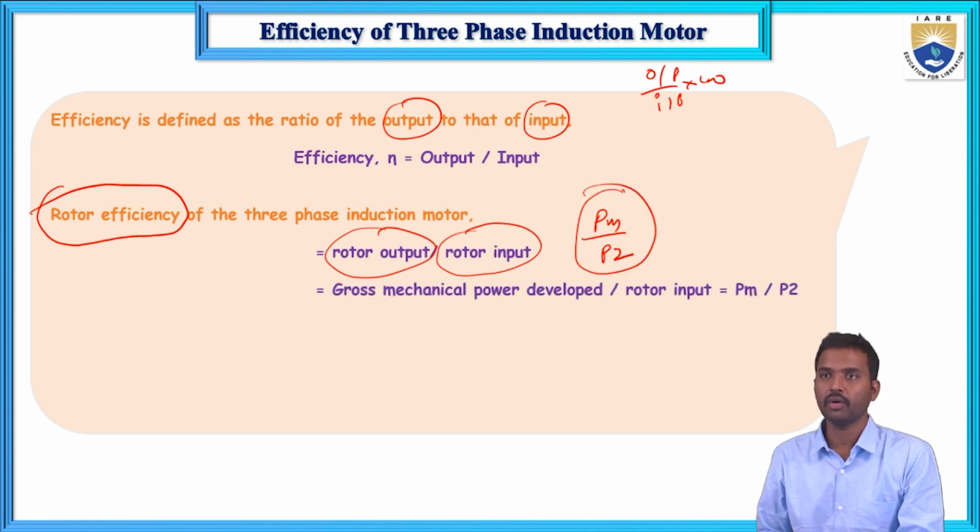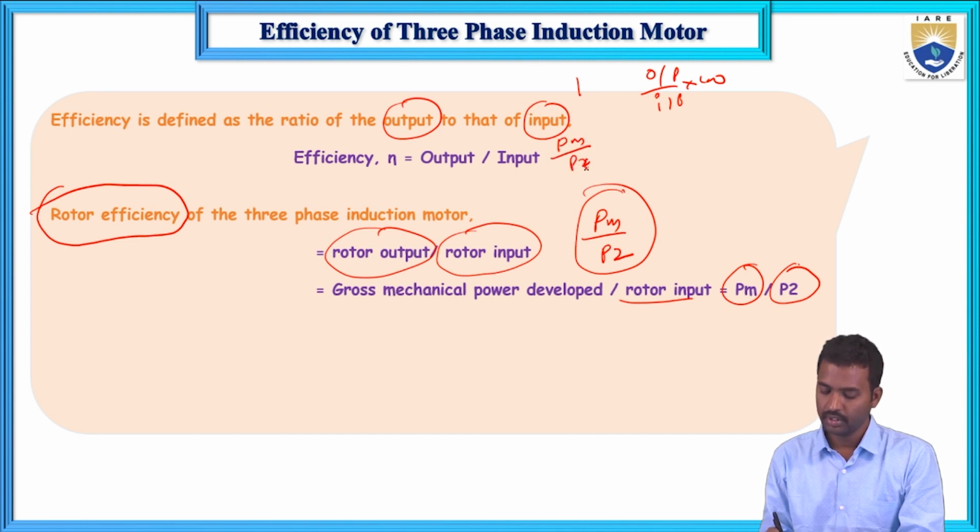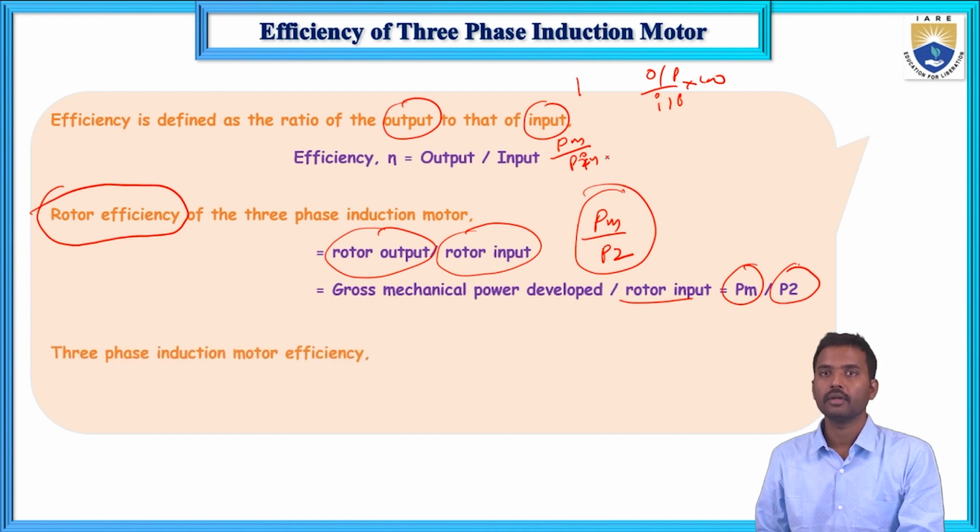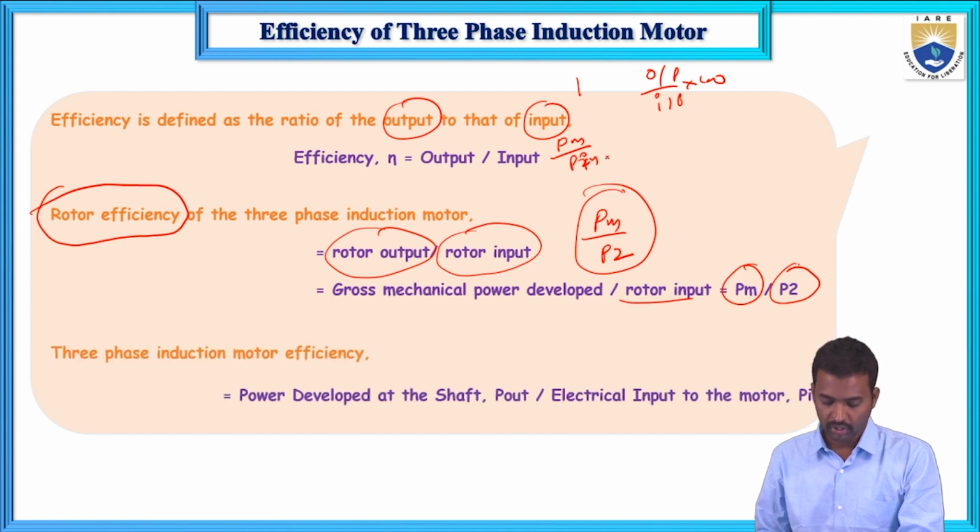Gross mechanical power developed by the rotor input, PM divided by P2 only. Next, the three-phase induction motor efficiency equals the power developed at the shaft, not PM. Power developed at the rotor is different from power developed at the rotor shaft. Here mechanical and frictional losses have to be subtracted to get P output, and the electrical power input is P input.